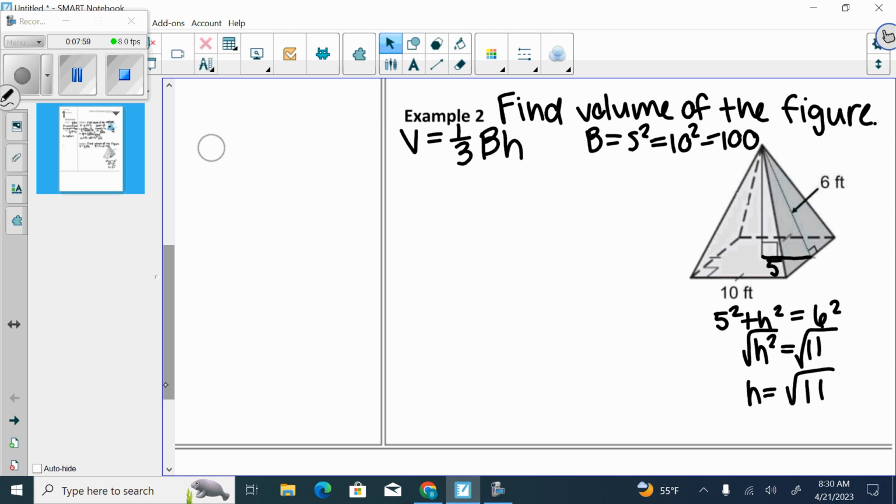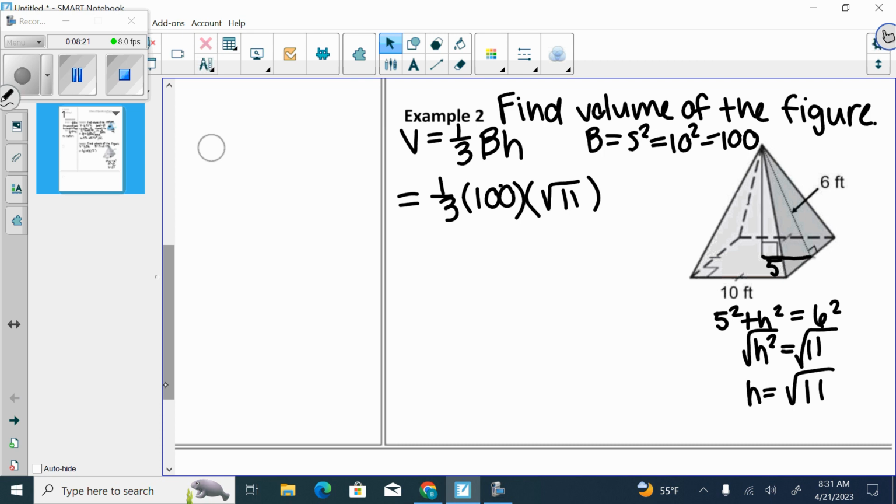All right, since there is no square root of 11, we'll keep it as this for now so that we can keep our answer as exact as possible. So I'll come over here and I'll have 1/3 times the area of the base times the height, which we just found to be square root of 11, right?